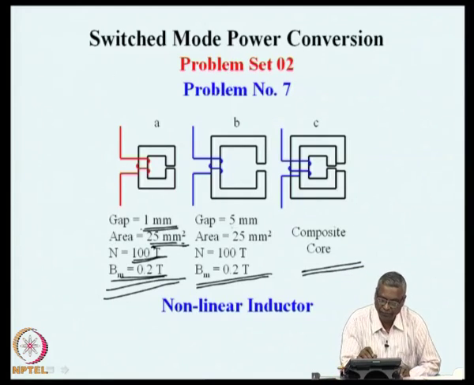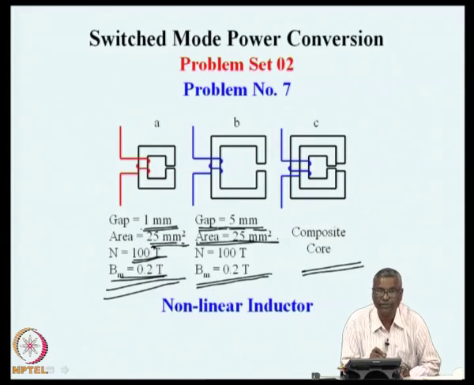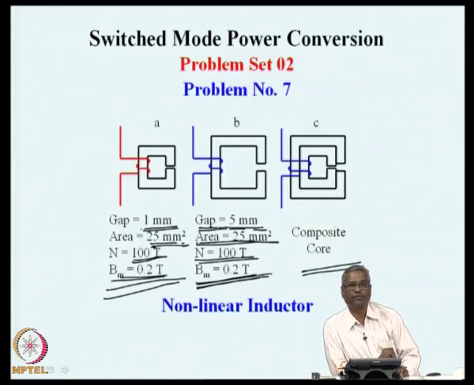The core B has a 5 millimeter gap, area of cross section same as before, 25 millimeter square, and it also has 100 turns, and the material is the same, so that the maximum flux density is 0.2 Tesla.